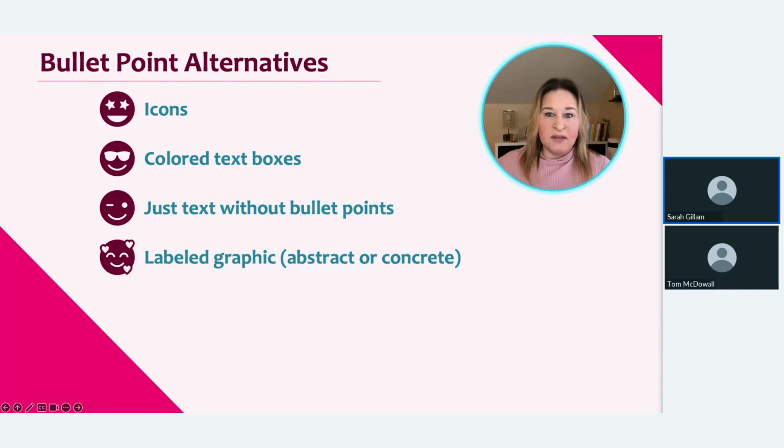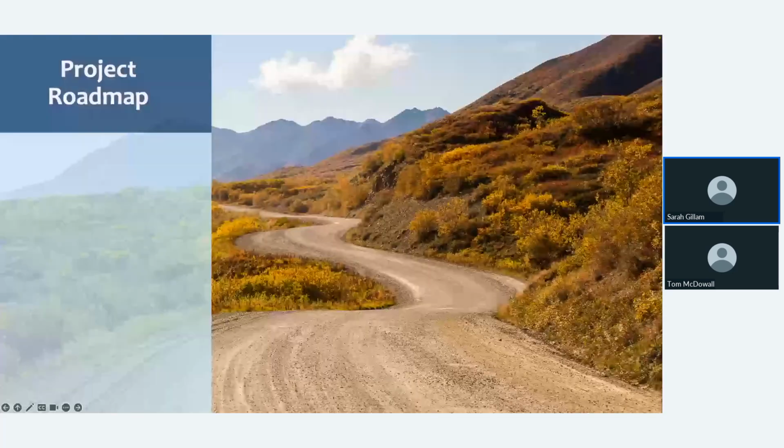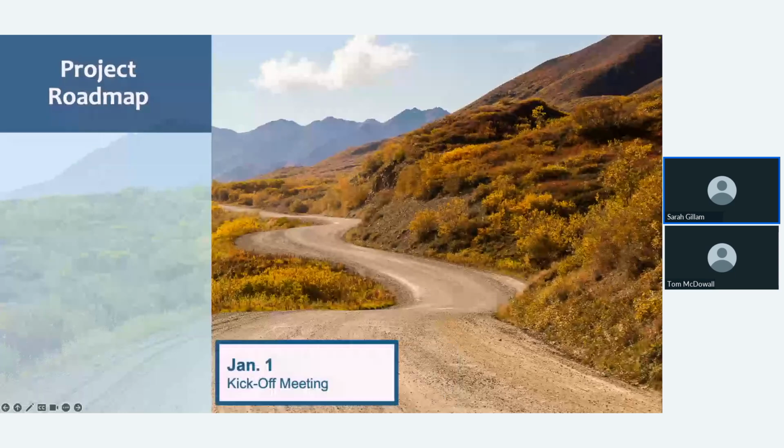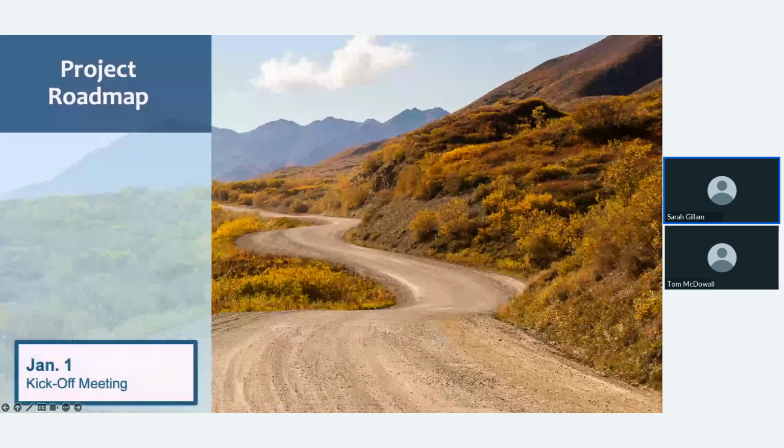Full slide, we've got a picture of a road because it's a project roadmap. This is very, I guess I'm calling it abstract. It's not really abstract, but you can put your deliverables, your project plan on this roadmap. It's just a little bit different, more interesting way to show this stuff rather than the plain bullet points.